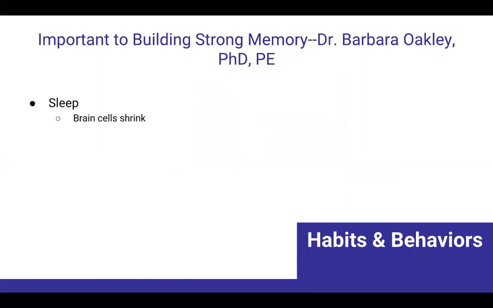The first thing that's really important that Barbara Oakley mentioned in her presentation is that sleep is critical. We mentioned this in the last slide, and I'm going to repeat it again and again so that you understand this is really important. She explains that when we sleep, our brain cells shrink.